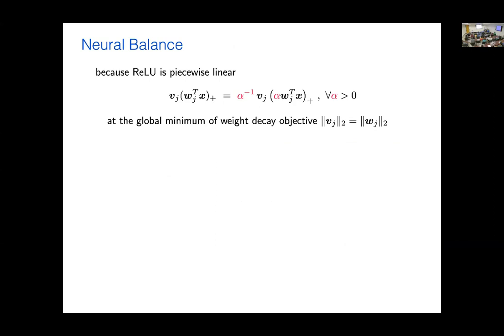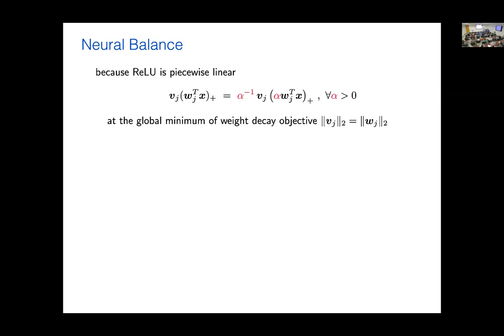So what do I mean by that? If you look at a single neuron's contribution to the overall function, I have my input and output weights, and they interact in this bilinear fashion in the sense that if I scale the input weight by some positive value alpha and scale the output weight by 1 over alpha, I don't change the function at all.